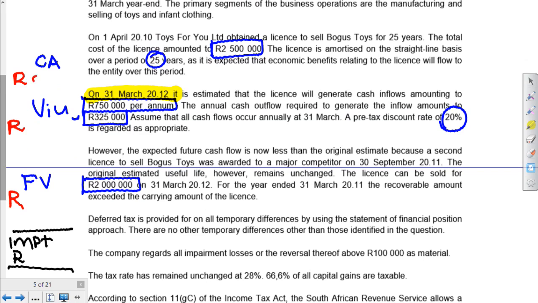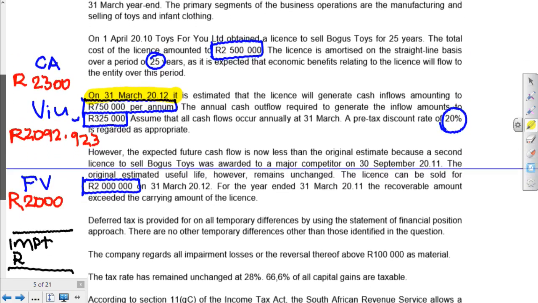Carrying amount, 2.3 million. Value in use, 2,092,923. Fair value was given, 2 million. So this will be my recoverable amount.